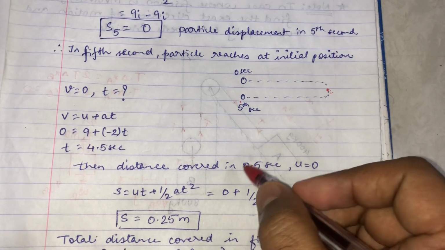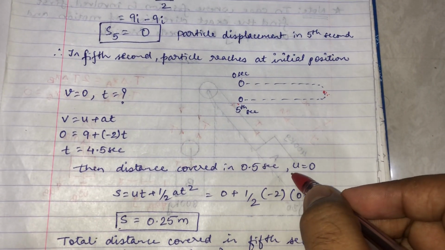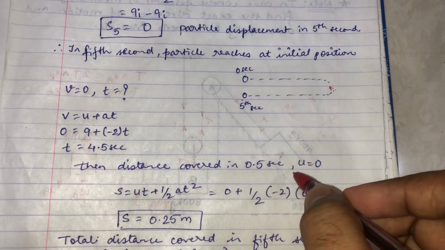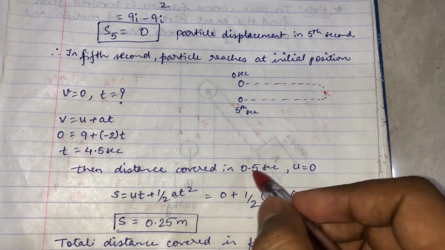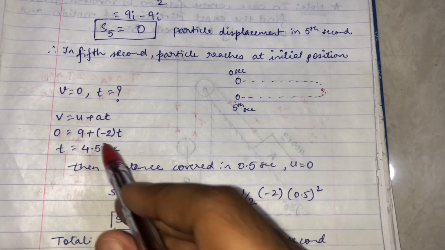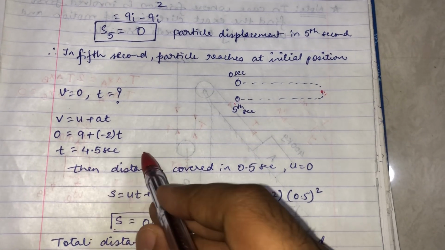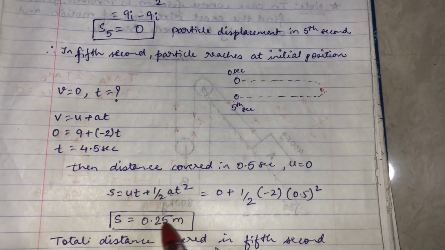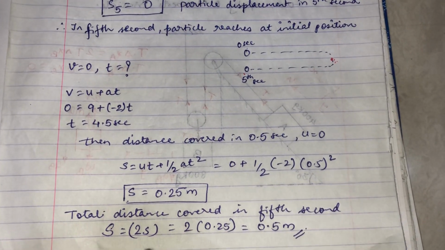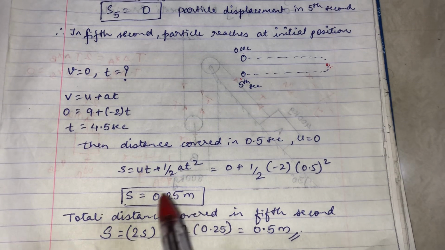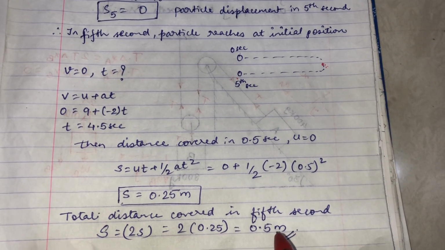If I'm talking about a 1 second, I have to make this 0.5 plus 0.5. I got 0.25 here, and from here I will be taking once again 0.5, so it is coming double to this. So total distance covered in fifth second will be twice of this value, and this will give you 0.5 meter.